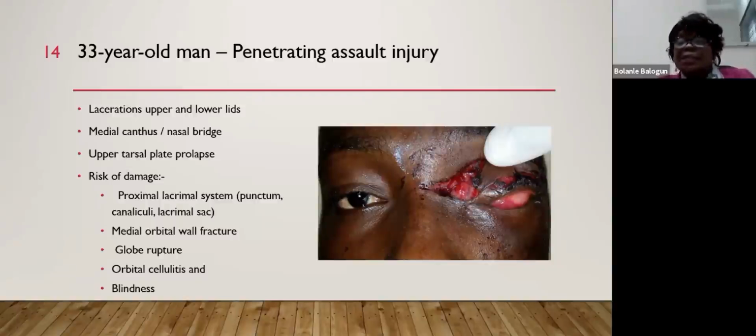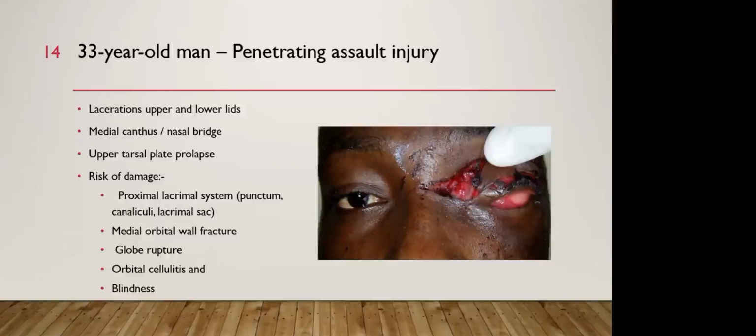Is it likely that this patient can have globe rupture because the sharp object may have penetrated the globe? This patient can eventually develop orbital cellulitis if care is not taken against infection. And this patient may even go blind from the injury itself.